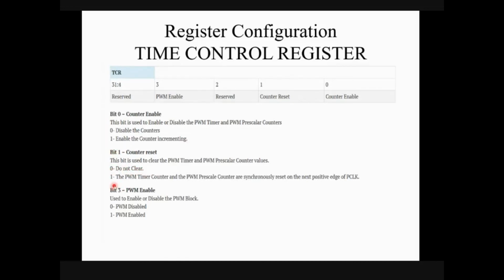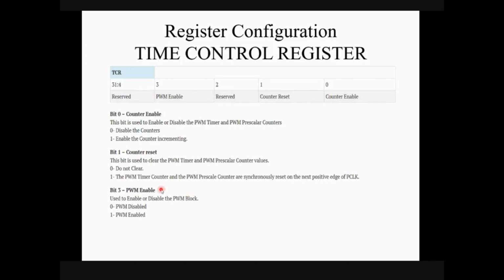If this bit is 1, the PWM timer counter and the PWM prescaler counter both will be synchronously reset on the next positive edge of the processor clock. When the next positive edge of your processor clock comes, at that time your PWM timer counter as well as the prescaler counter both will be reset.